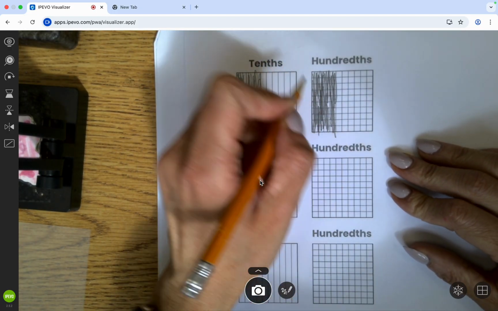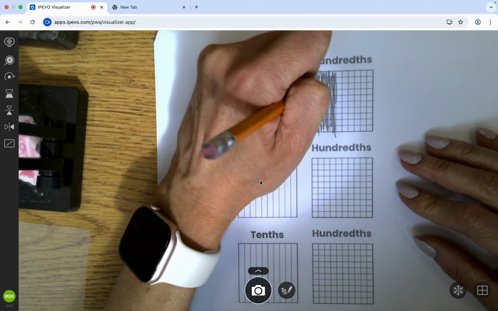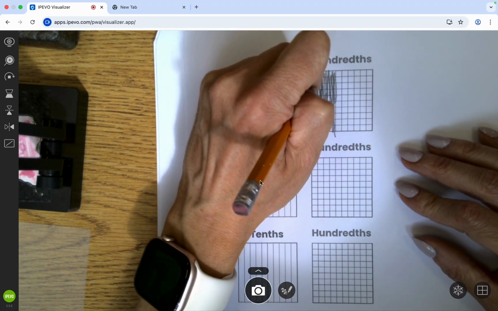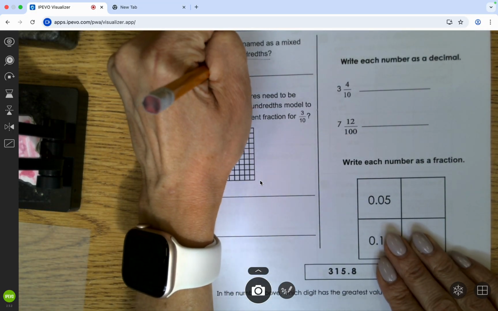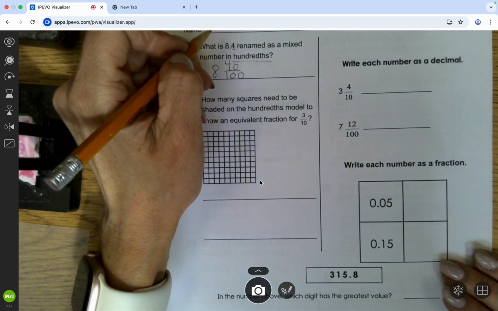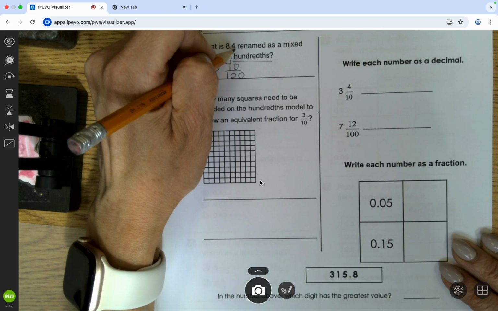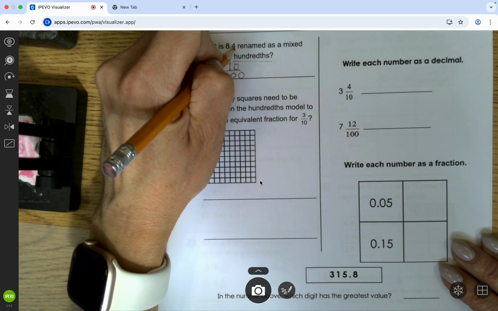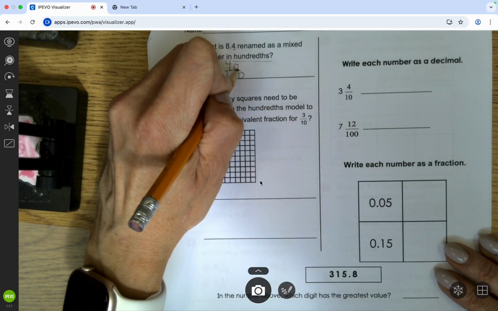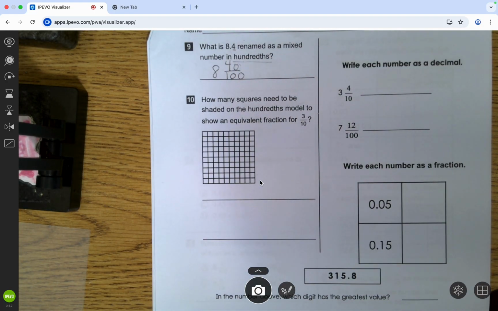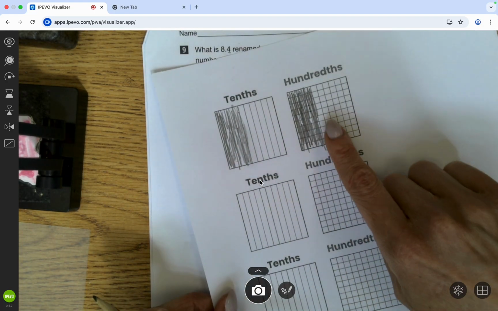So 4/10 equals, how many parts are shaded? 10, 20, 30, 40 parts. And remember, a tenth is 10 times the value of a hundredth. So I could just add on a 0. But again, you can shade, okay?